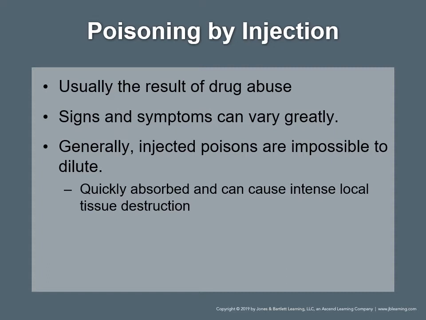If you suspect rapid absorption has occurred, monitor the airway, provide high-flow oxygen, be alert for nausea and vomiting, and remove jewelry from areas around the injection site if swelling occurs. Prompt transport is essential. Take all containers, bottles, and labels with the patient to the hospital. Bites and stings are considered poisoning by injection.